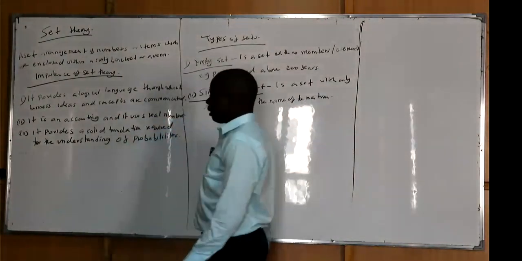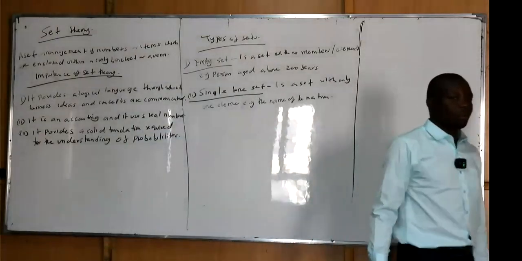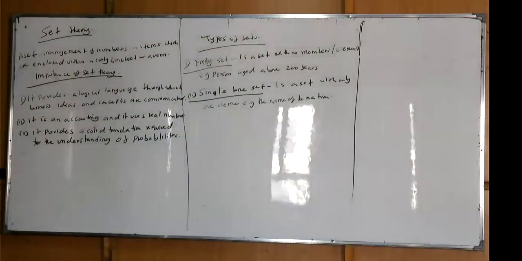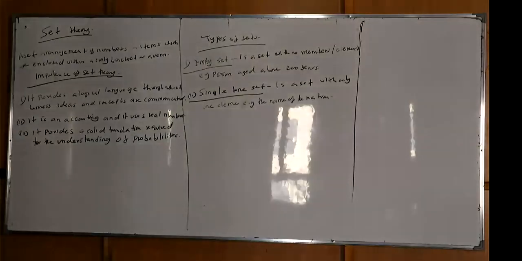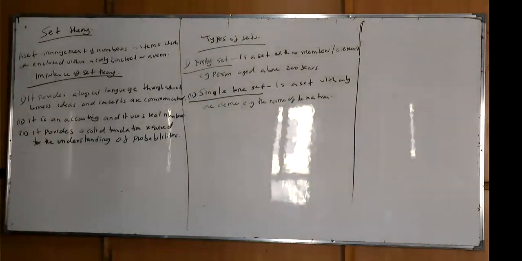There is another Kenya? Kenya is one, isn't it? So that is a singleton set.